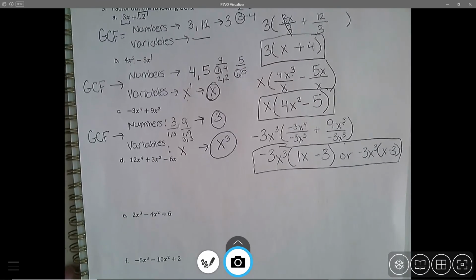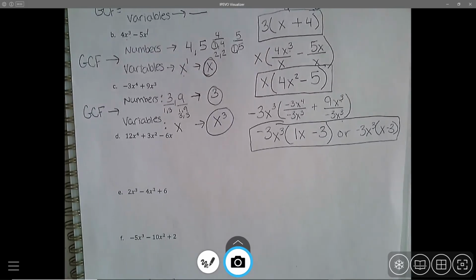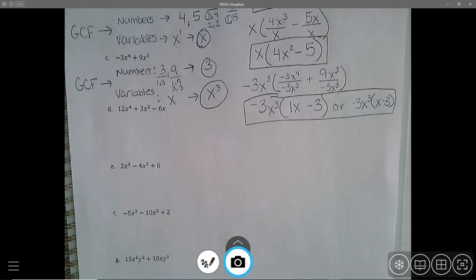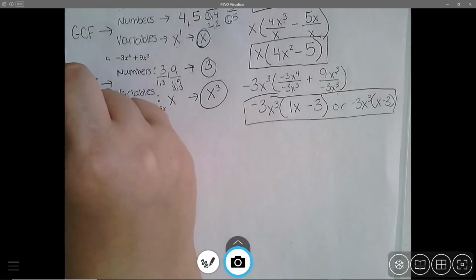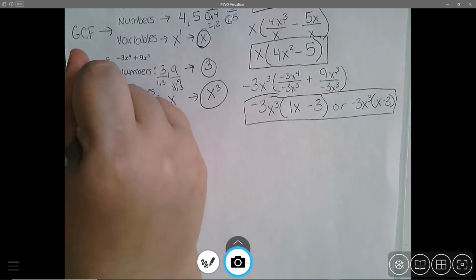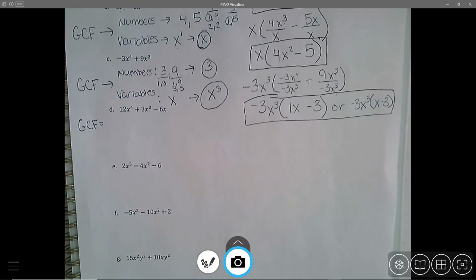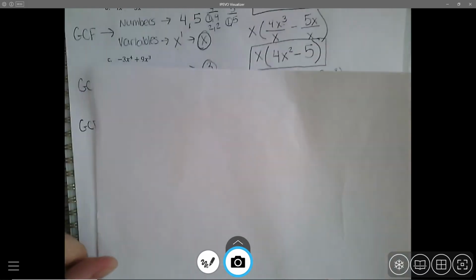Okay, so now, if I look here at D, the numbers that I see on D are 12, 3, and 6. Okay, if I'm writing out my GCF, if I have to, you can always take a separate piece of paper and figure out your GCFs there.